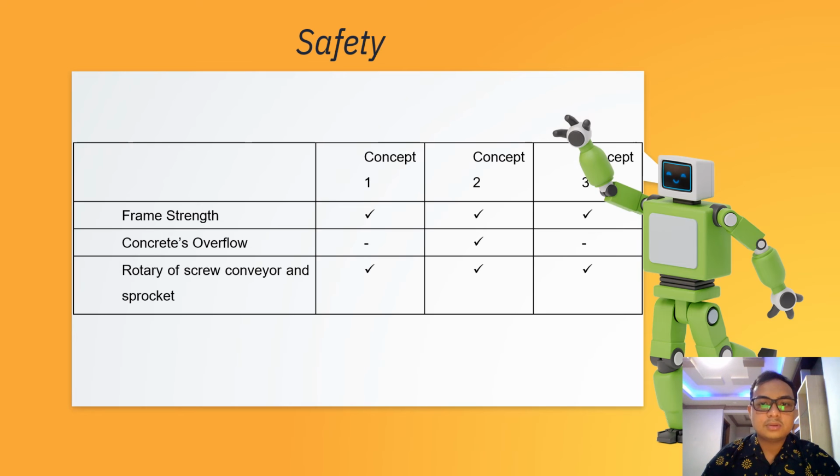In concept 2, it is good in frame strength, constraint overflow, and rotary of screw conveyor and sprocket. In concept 3, it is good in frame strength and rotary of screw conveyor and sprocket.